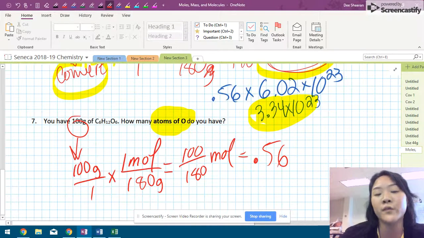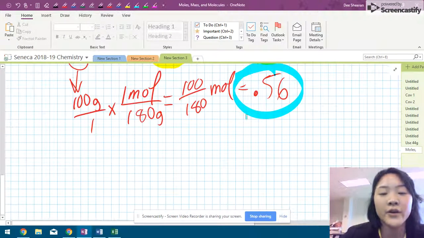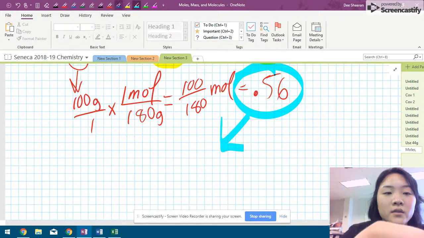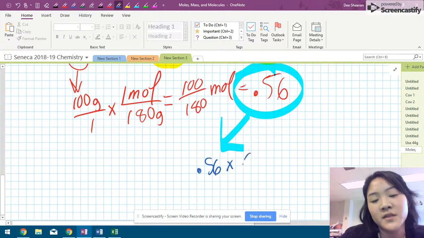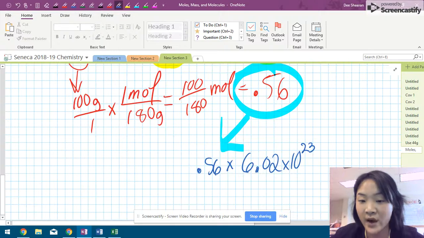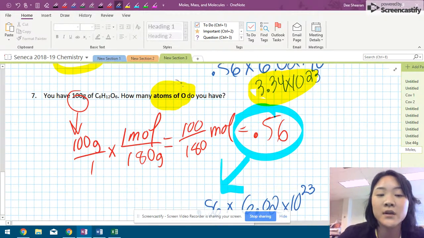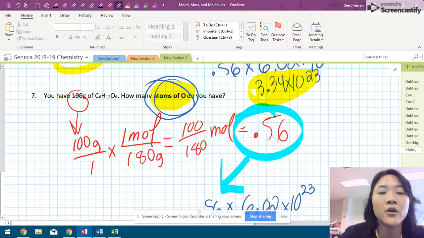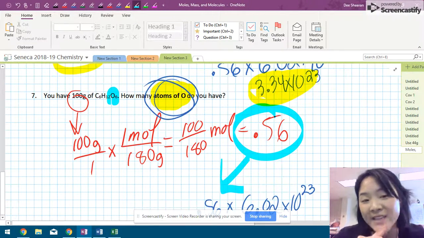Then, what you're going to do from here is take this 0.56 and multiply 0.56 times 6.02 times 10 to the 23rd. I'm aware it's the same as last time. That's what I have right now. And then, because we are dealing with atoms of O, how many O's do we have? How many? 6. We have 6.